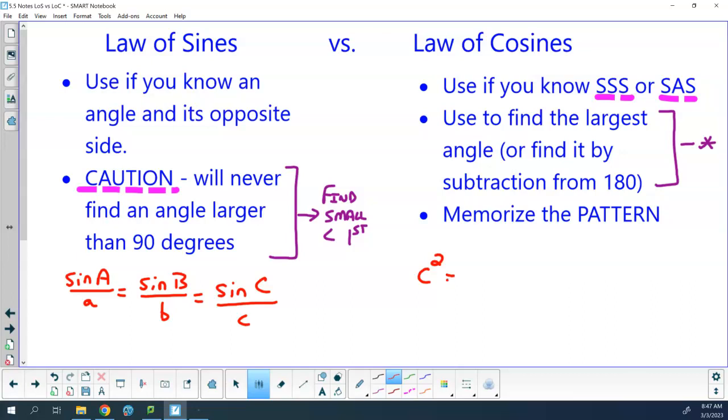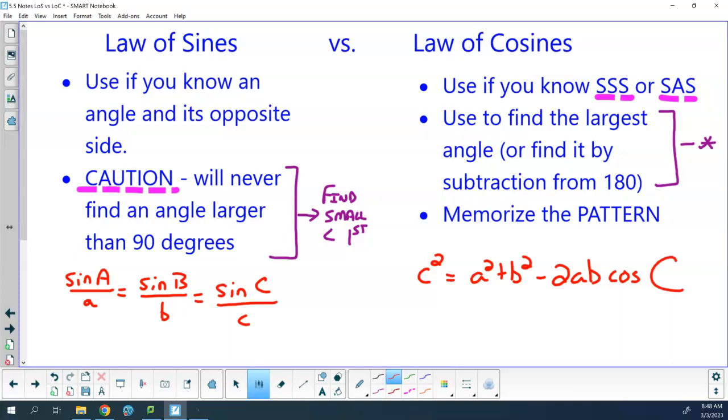Then that's going to be equal to the sum of the squares of the other two sides, Pythagorean theorem, minus twice those same two sides times the cosine of the angle that I was taking the side of.